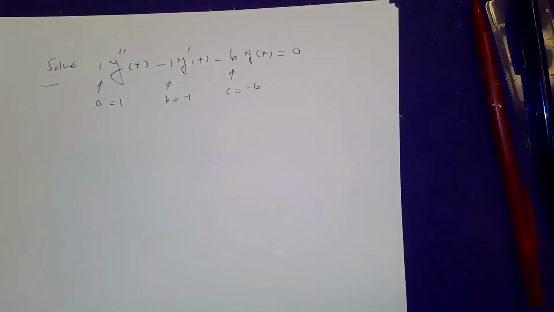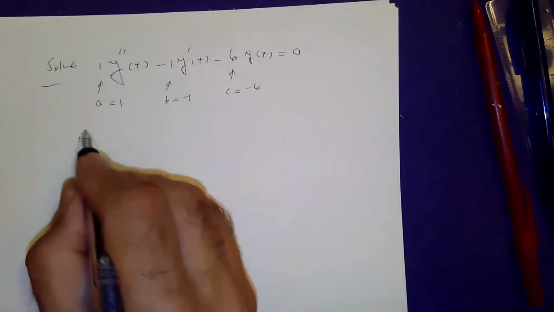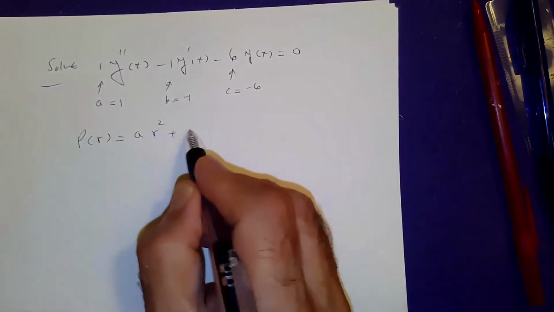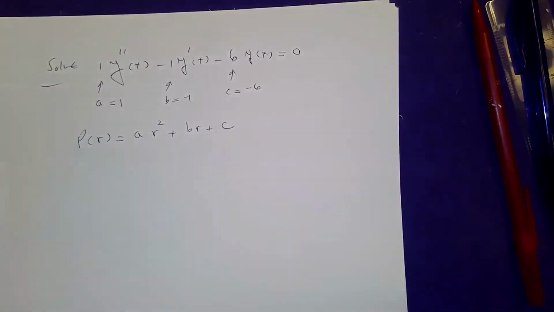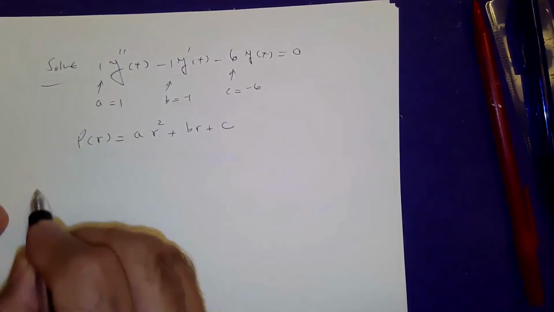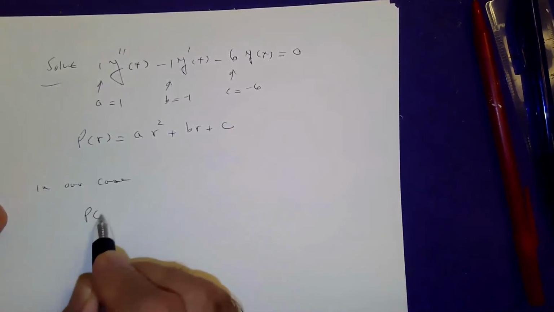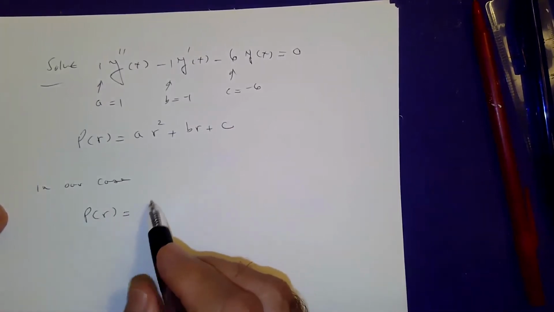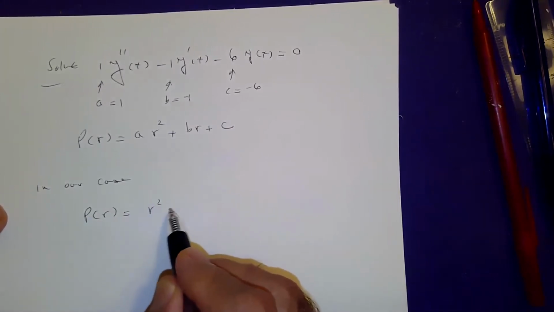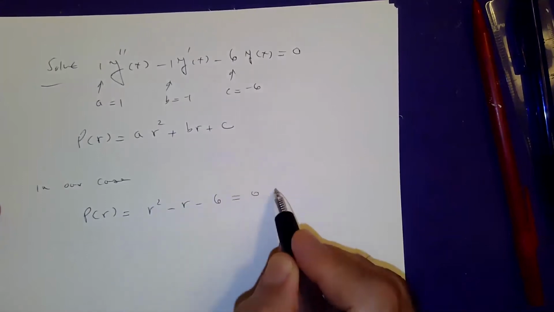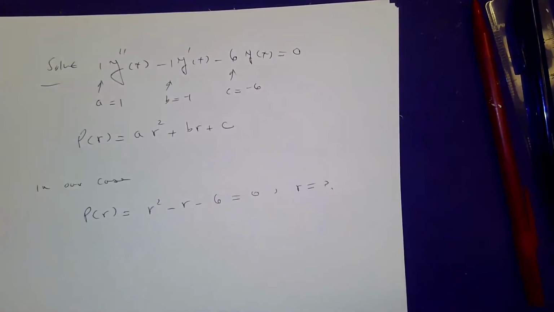How does the auxiliary polynomial look? a r squared plus b r plus c. So in our case, the auxiliary polynomial is r squared minus r minus 6. Set this equal to 0 and solve for r.